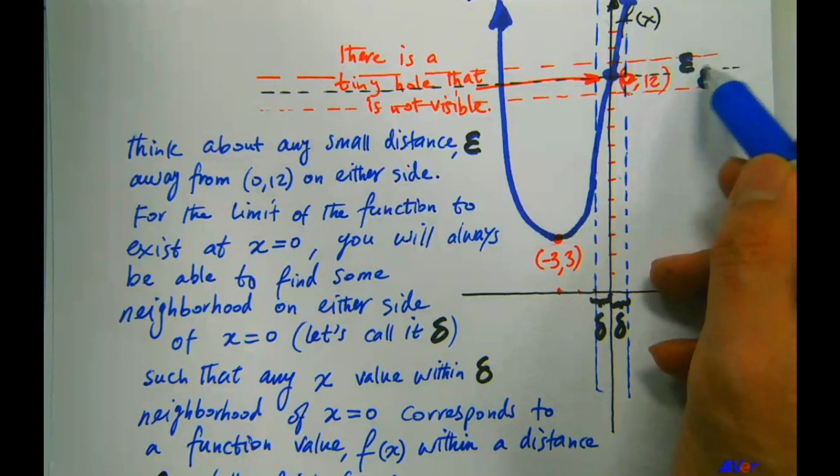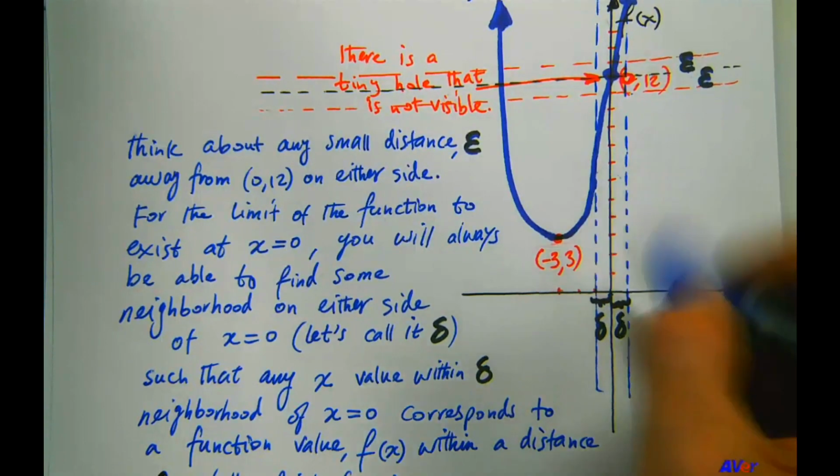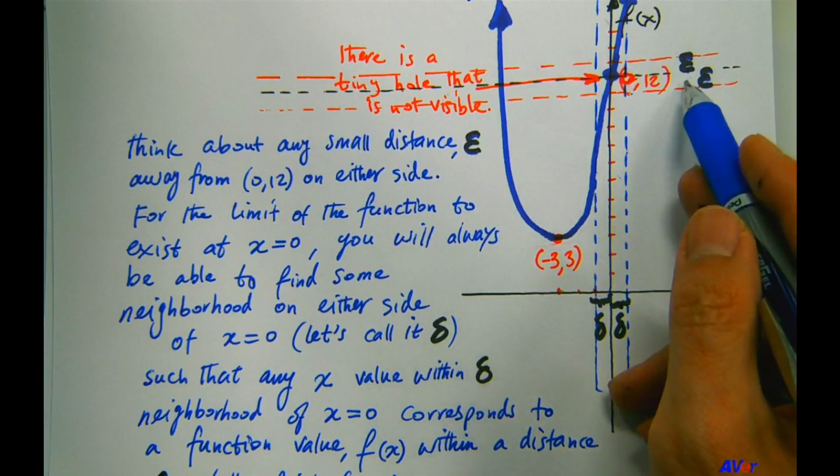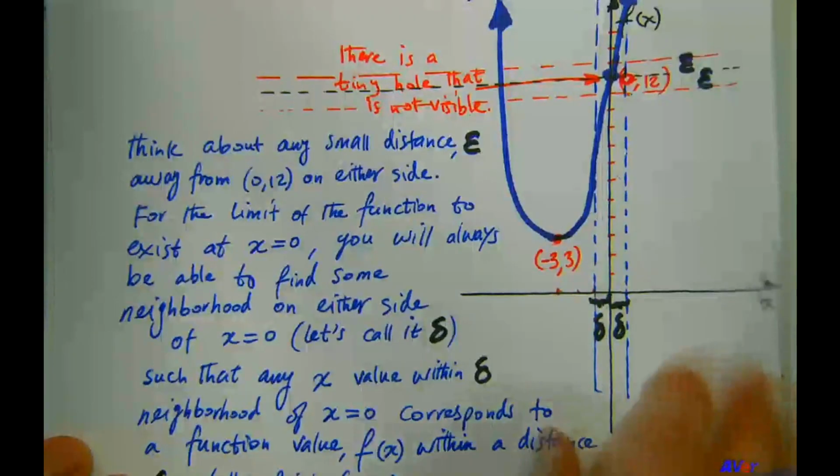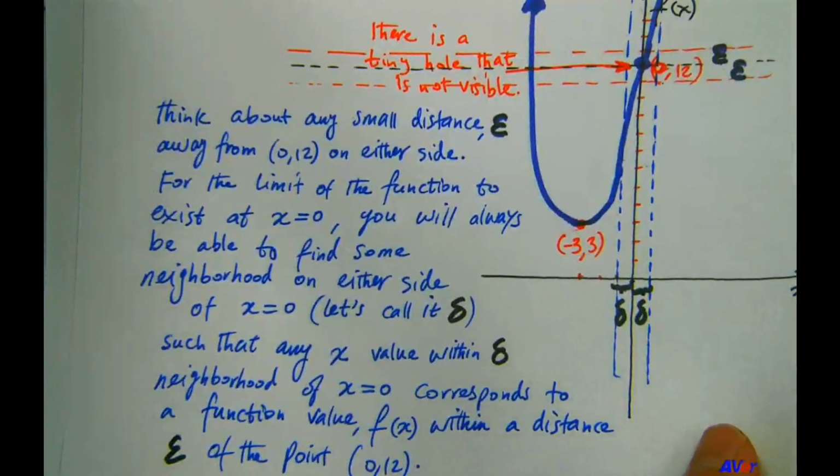So you pick this and you search for a delta that corresponds to it. If you can find that, then the limit does exist at that point. If you cannot, then the limit does not exist. Okay? So I will say a few more sentences about this, and then we'll do an example.